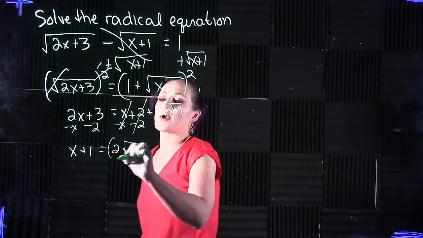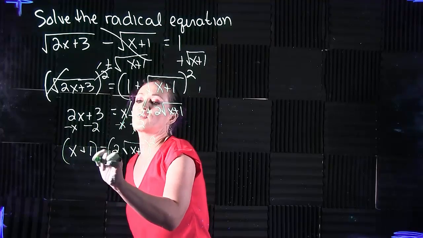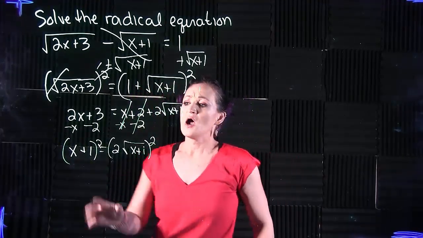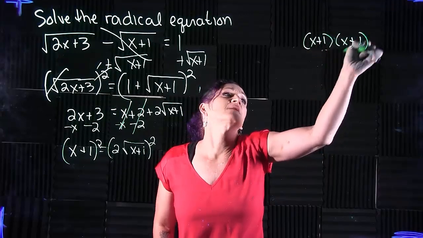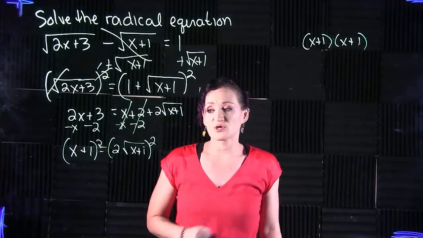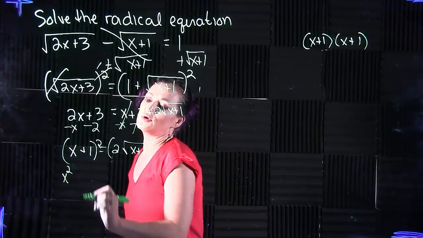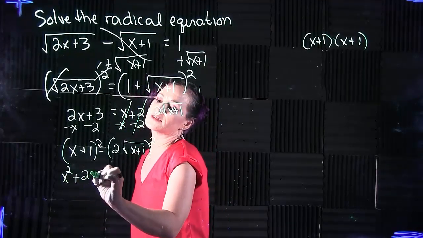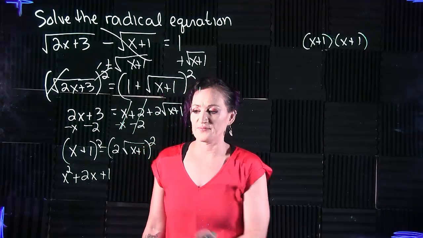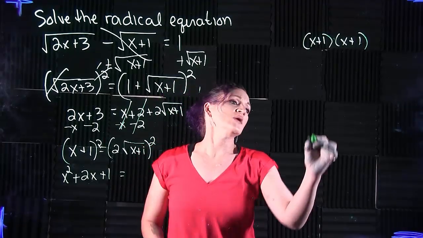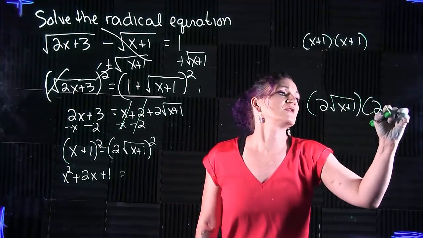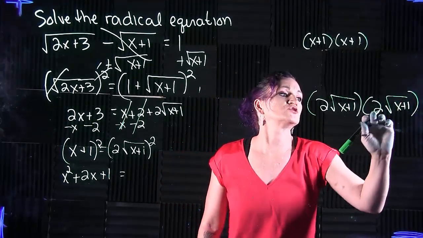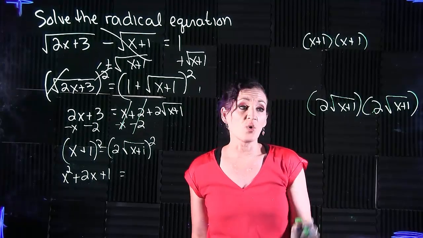In order to get rid of that radical, we need to square both sides. Okay? On the left-hand side, this is just x plus 1 times x plus 1. Multiply that out. When you do so, you get x squared plus 2x plus 1 is equal to, when you square this right-hand side, okay, keep in mind this is the multiplication that we are doing here. Okay, this is all one term.